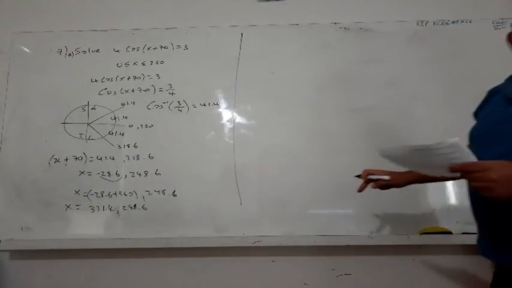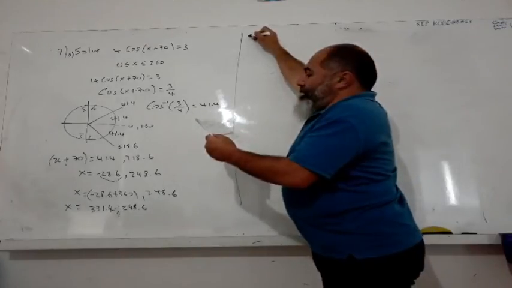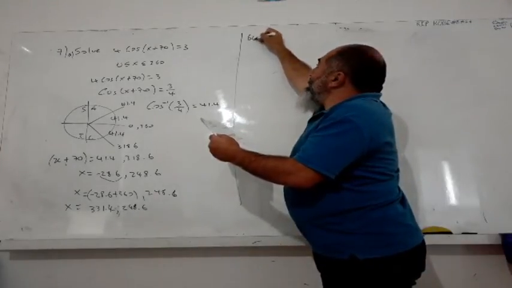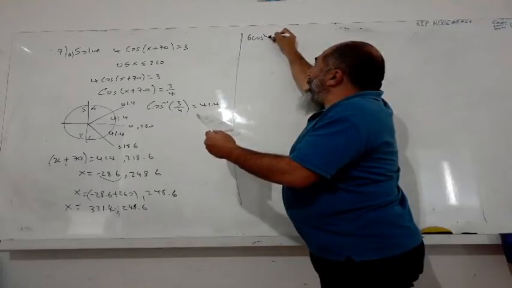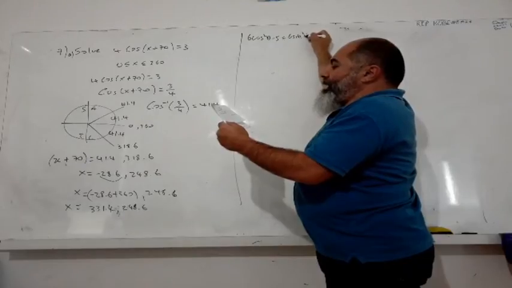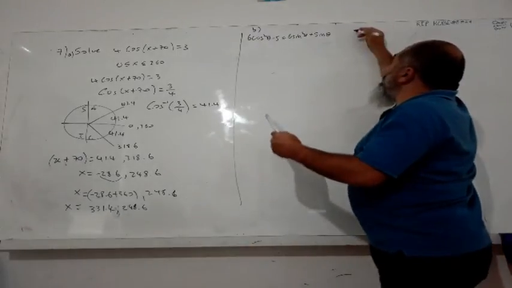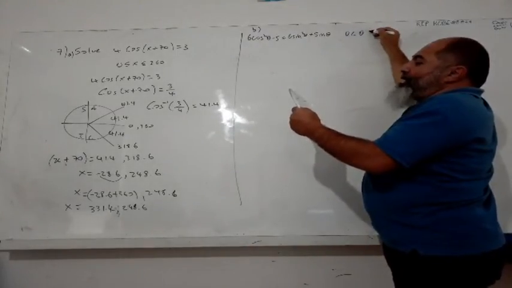Cos squared theta minus 5 is equal to 6 sine squared theta plus sine theta. Here, the range for theta is from 0 to 2 pi. Remember, at the end we have to convert all the values to radians.